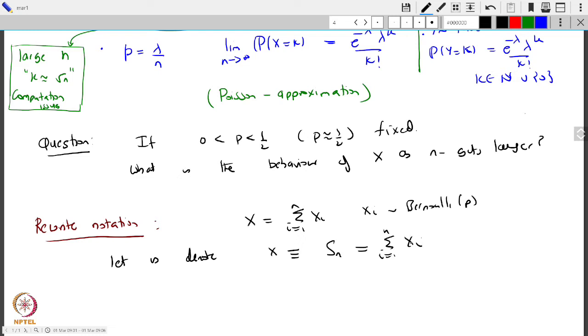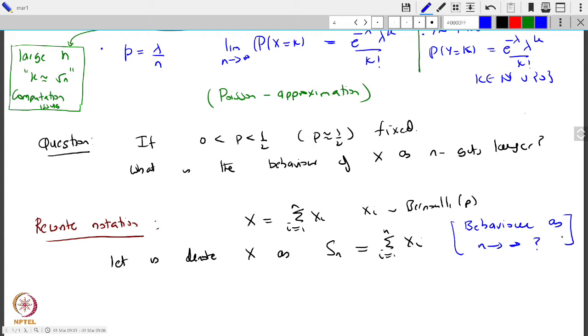So S is the sum of n Bernoullis. Now I want to understand the behavior of Sn as n goes to infinity.